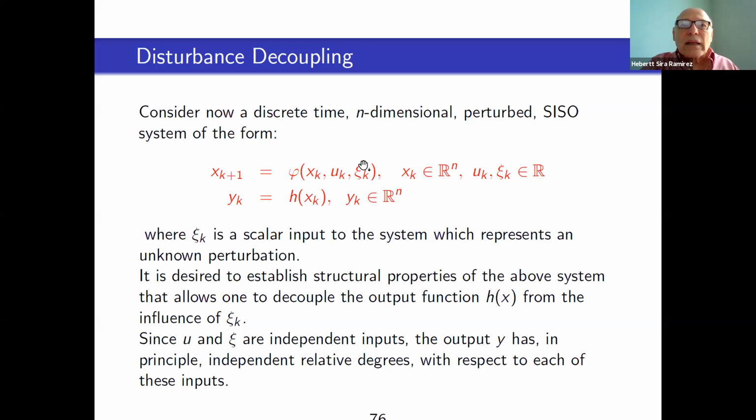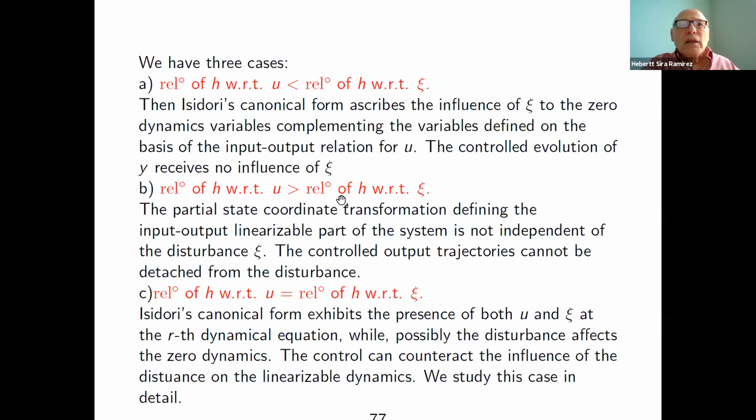And our objective is to establish when you can claim that there is some decoupling of this disturbance from the input-output linearization, which is the whole reason behind the transformation that we are advocating at this point. So we clearly have three cases. The relative degree of H with respect to U is smaller than the relative degree of H with respect to C. This is one case.